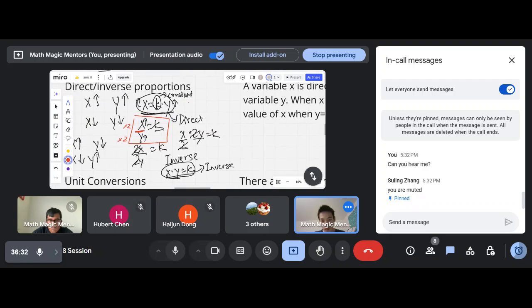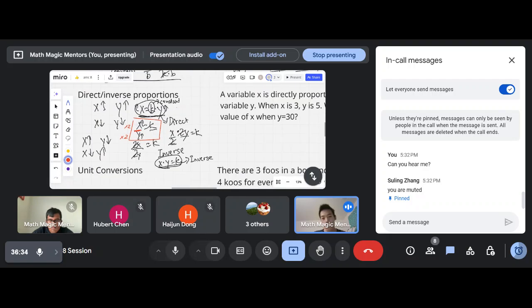The reason why I want to emphasize the word multiplies is that the ratio x over y is not equal to the ratio of x plus 1 to y plus 1. Meaning that we can't really increase one variable by a certain amount to guarantee that the other variable will also increase by that same amount.